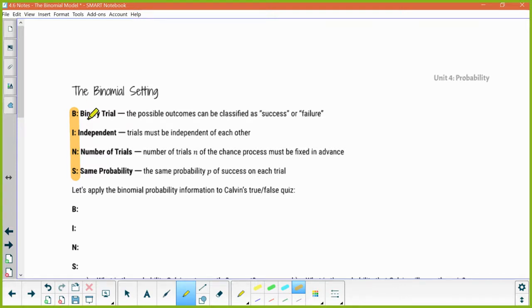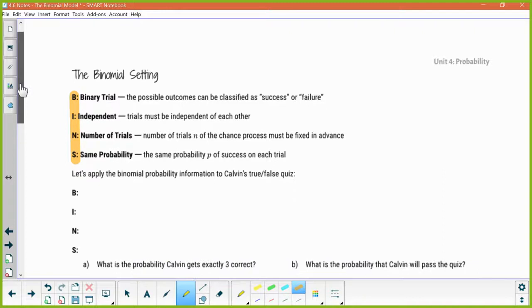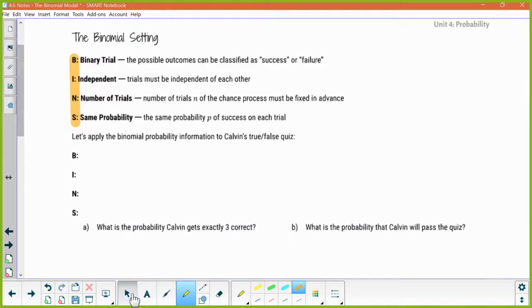You want binary, 2 outcomes, independent. They have to be independent of each other. The number of trials has to be fixed. This is the one I'm a little iffy with because it's used in both almost. And same probability throughout. So just again, reiterating that we need all 4 of these things for it to be considered a binomial setting. So let's check this for Calvin's quiz.